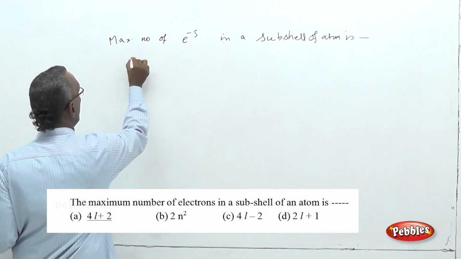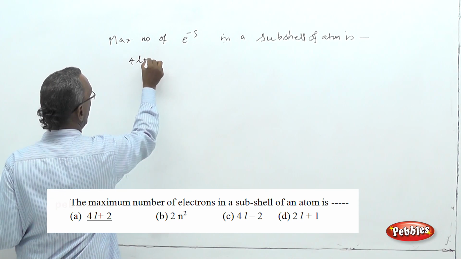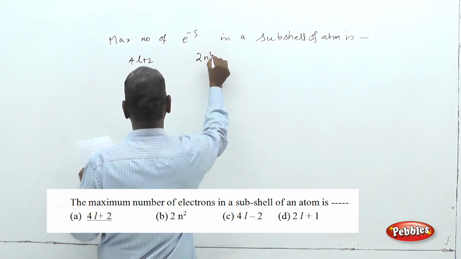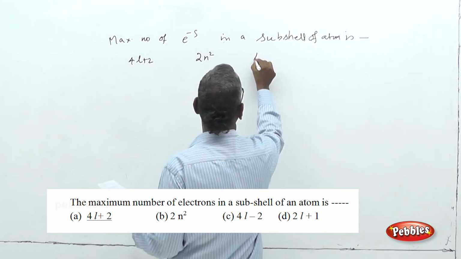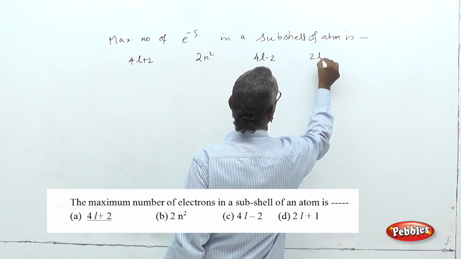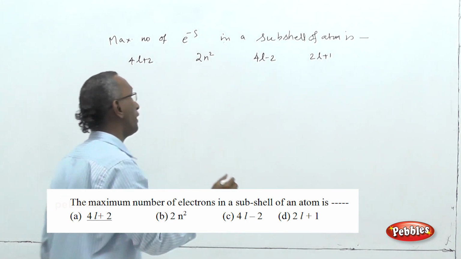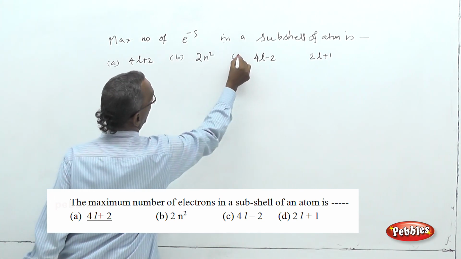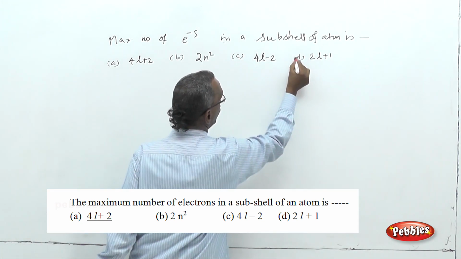There are 4 choices given. First choice A is 4l plus 2. Second choice 2n squared. Third choice 4l minus 2. And fourth choice 2l plus 1. Here I have mentioned only the choices; actually the choices will be written as A, B, C and D. Only one choice is correct.